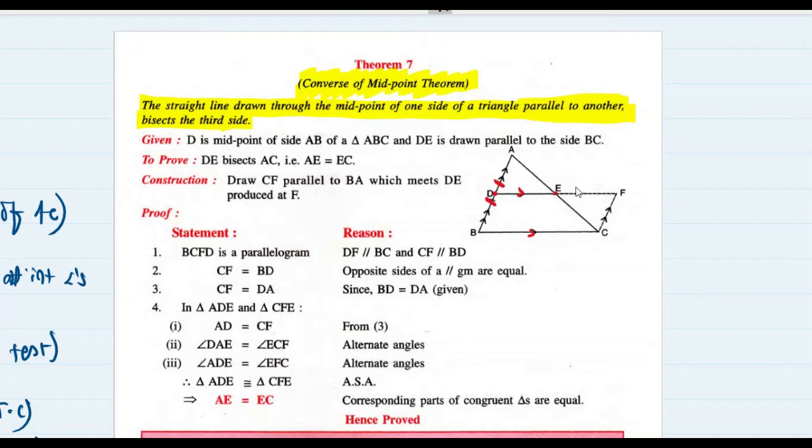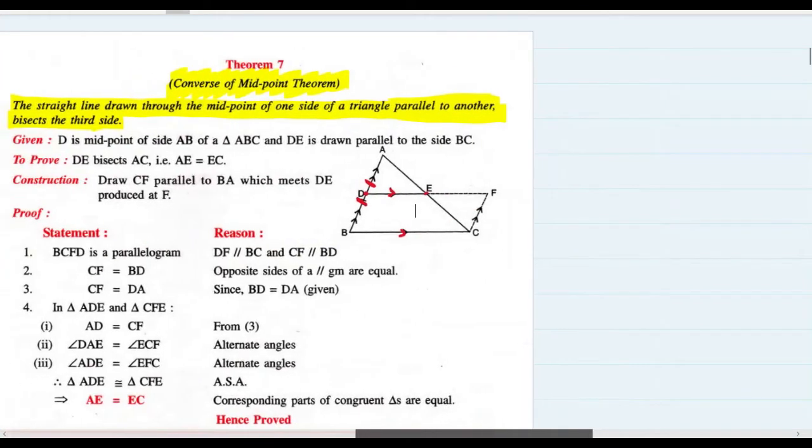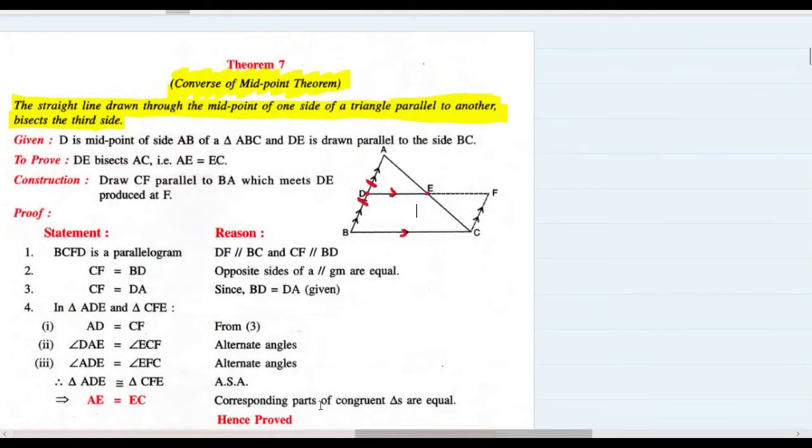इससे पहले वाली थियरम में, थियरम 6 में, मिड पॉइंट थियरम में, we had to prove that DE is parallel to BC and DE is half of BC. बट यहाँ पे बोल दिया है कि DE is parallel to BC. हमें प्रूव करना है कि E is midpoint of AC. ठीक है, तो गिवन देख लो ध्यान से, फिर मैं प्रूव करके दिखाऊंगा तुम्हें.